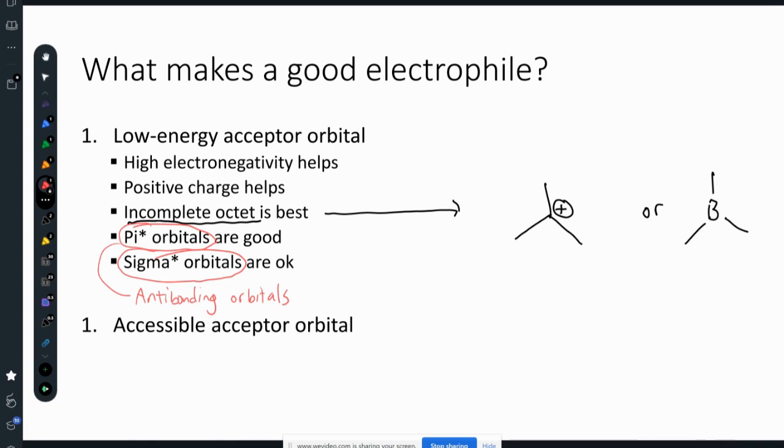If you didn't do Module 10, you can kind of ignore that part and just focus on the first 3. So high electronegativity, positive charge, and incomplete octet. And when I say positive charge, it could also be partial positive or formal positive charge.